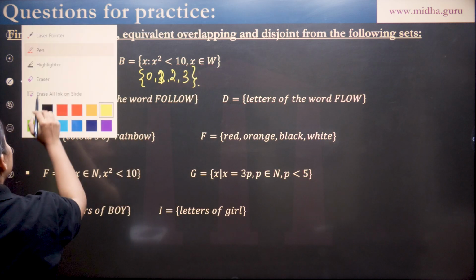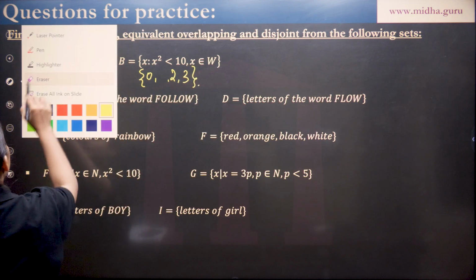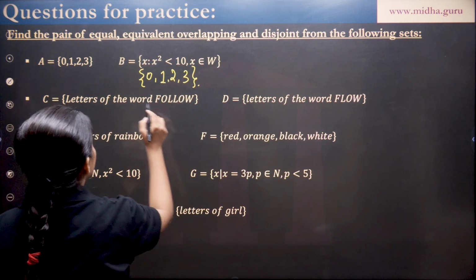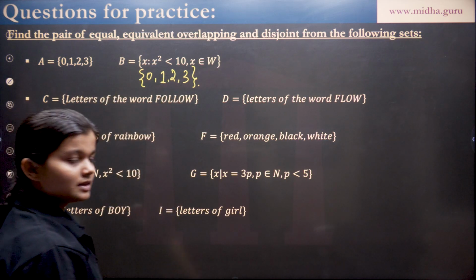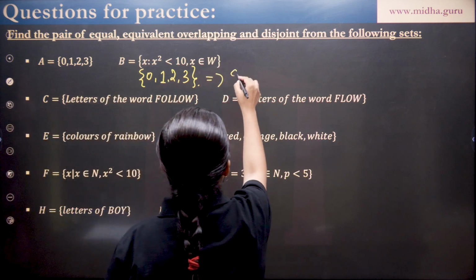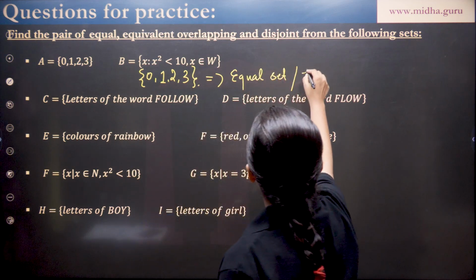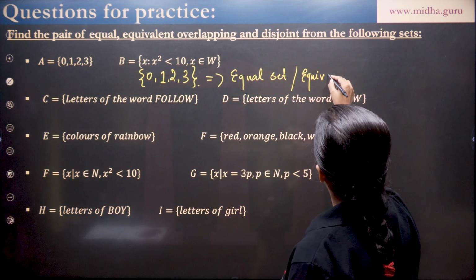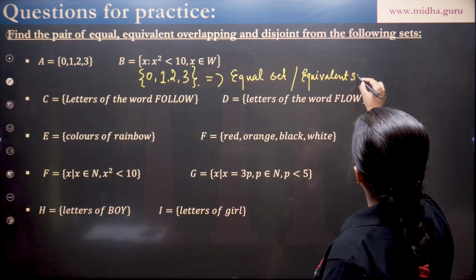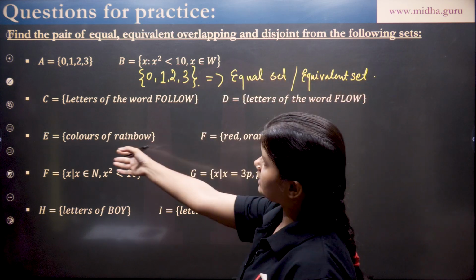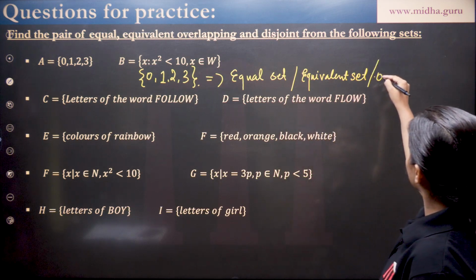Set B also has 0, 1, 2 and 3. Right. So what type of set is this? This is a type of equal set. We can also call it an equivalent set, but not a disjoint set, or we can also call it an overlapping set.